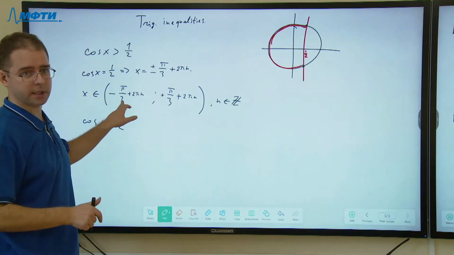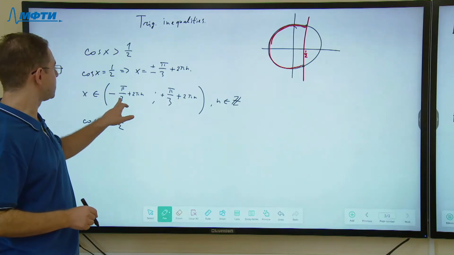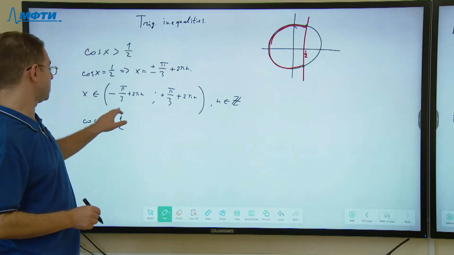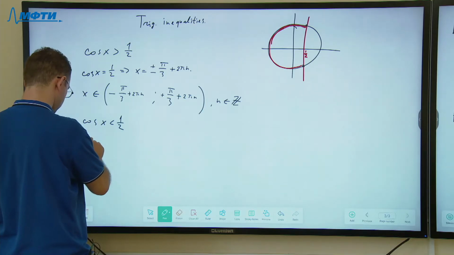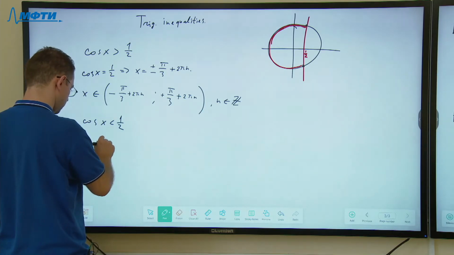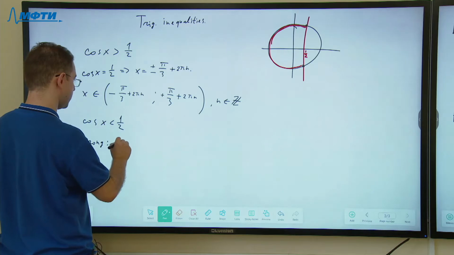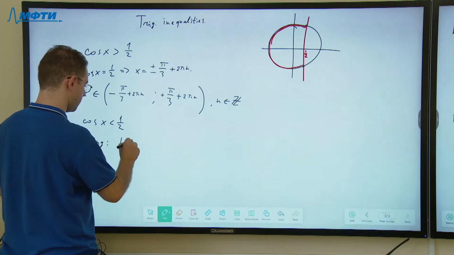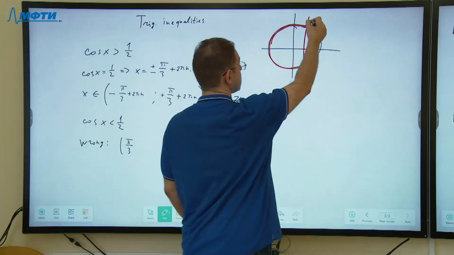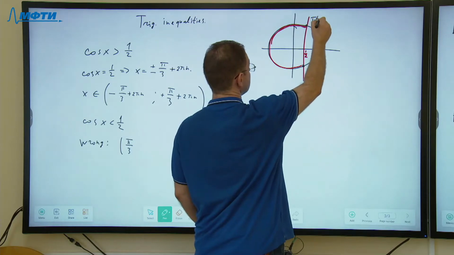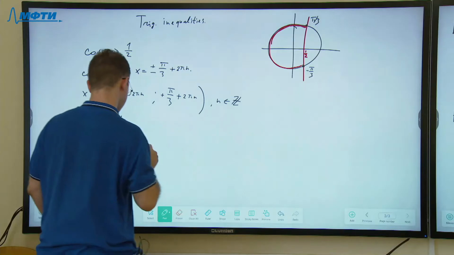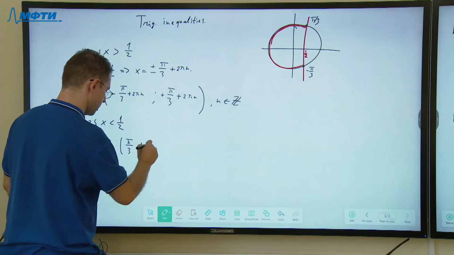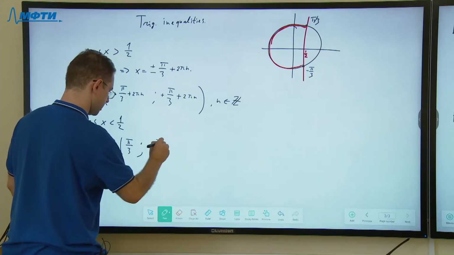We have already covered it. So I will write the wrong way to solve it: to write from pi by 3. This point is pi by 3, and this point is minus pi by 3. This is true, but it would be wrong to write down like this.